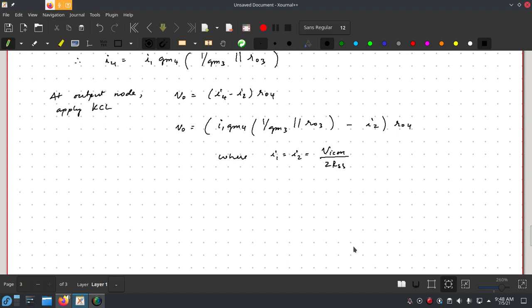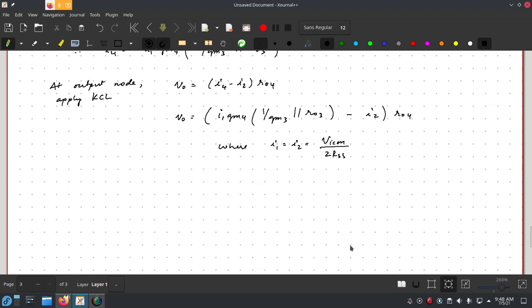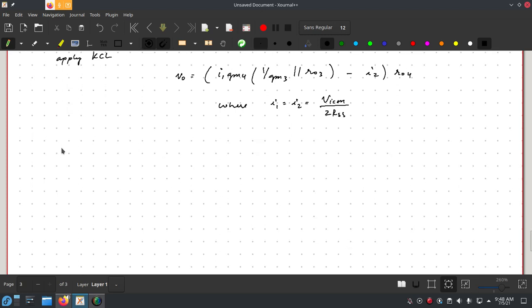So V naught, I can write it as I1 into Gm4 into R naught 3 parallel 1 by Gm3, so R naught 3 divided by Gm3 divided by 1 plus Gm3 R naught 3 divided by Gm3.